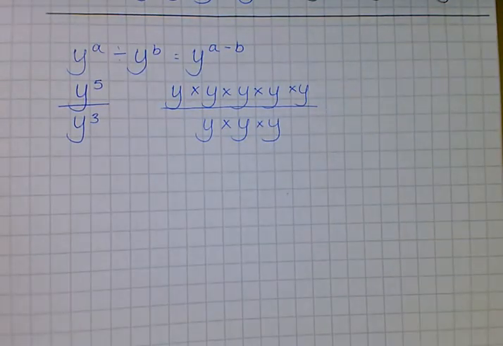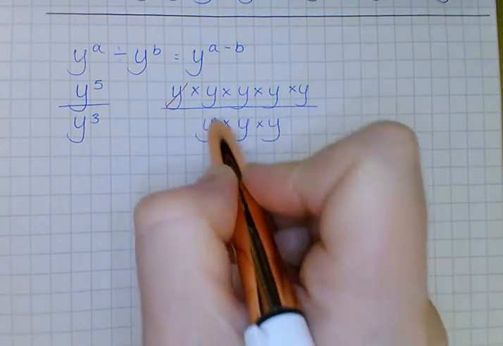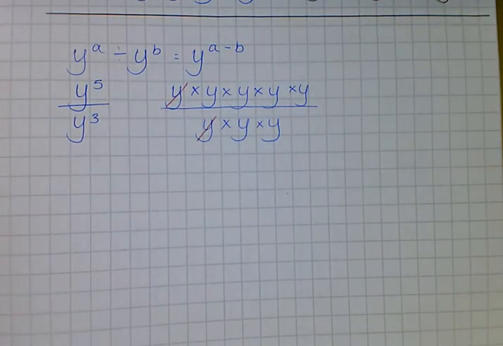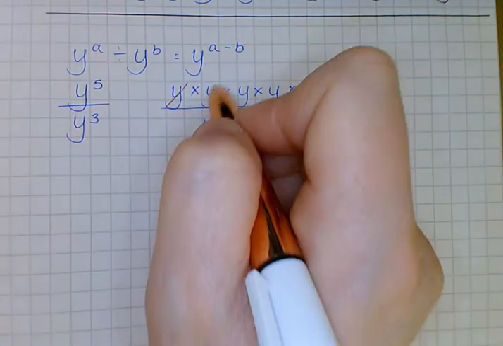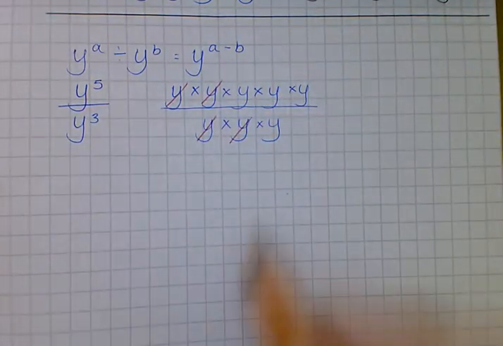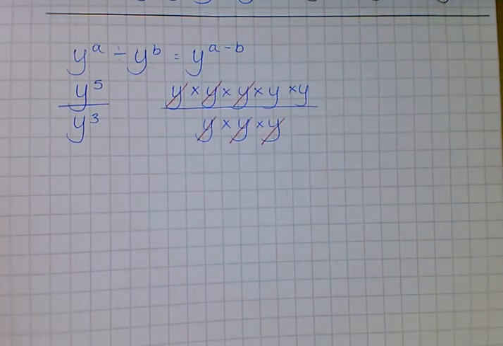Now, you know that when you divide something by itself, it equals 1. So we can do some cancelling here, and we can say y divided by y is cancelled out, and it just equals 1.